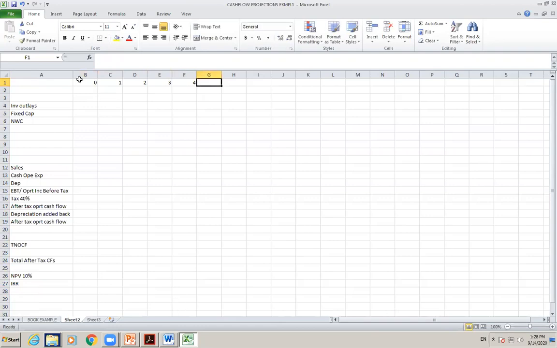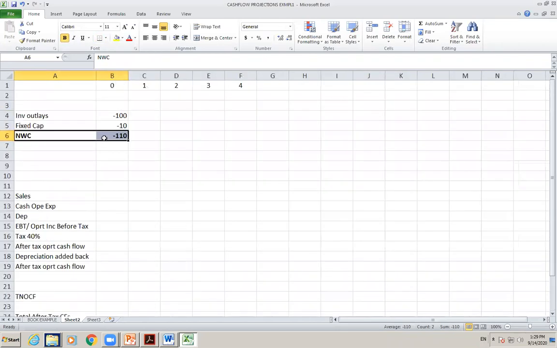We've got 4 years here instead of 5 as in the previous example. Now, the investment outlay here is 100 million. The change in net working capital is 10 million, and the summation of it will be this much.